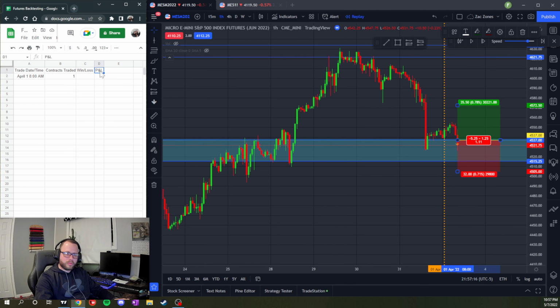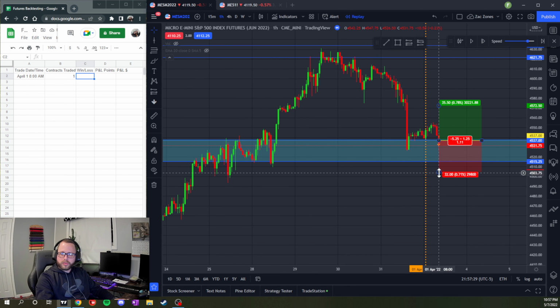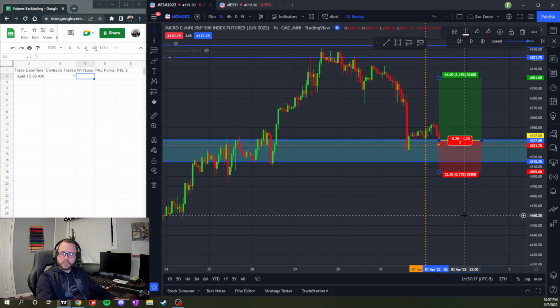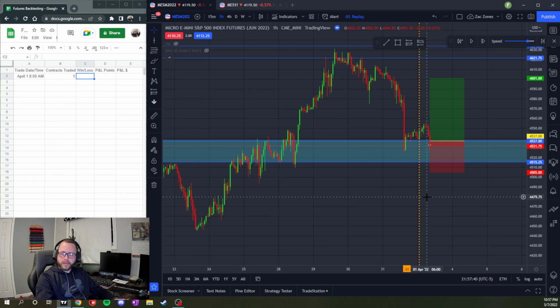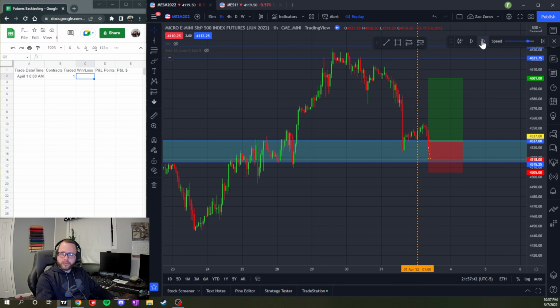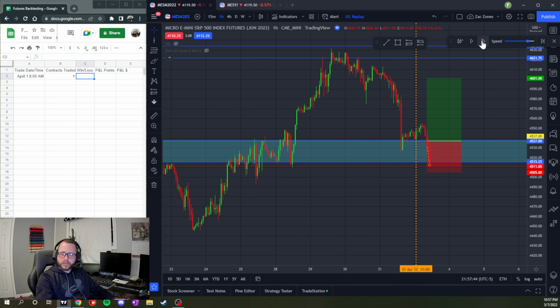And P&L dollars. So 1 contract traded, stop loss down there, and the 2-to-1 risk to reward ratio is going to be up here. Okay. So there's that. We're going to continue stepping this thing forward.